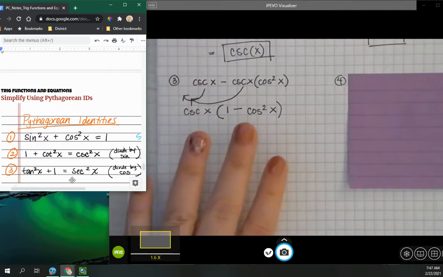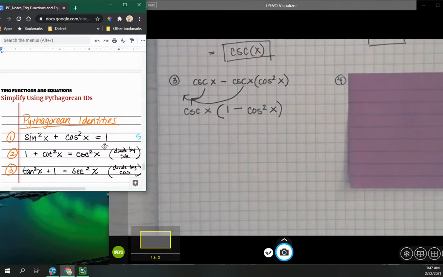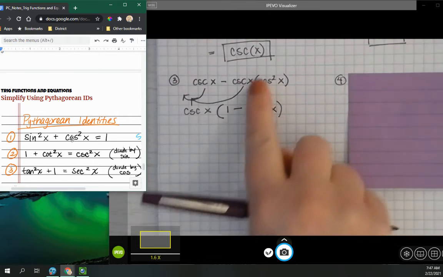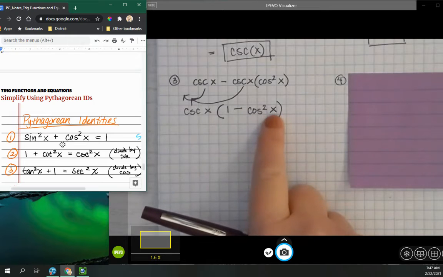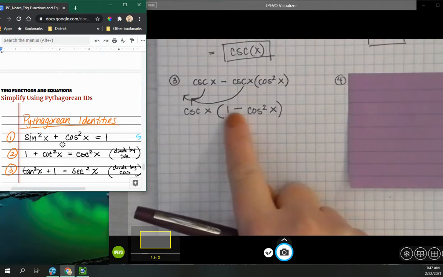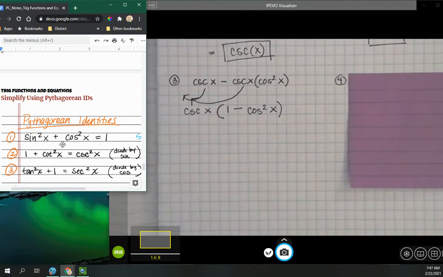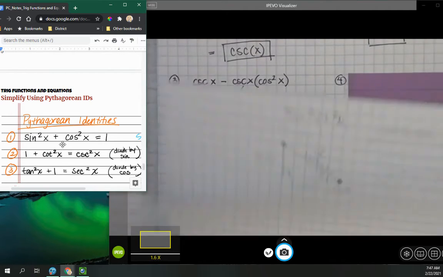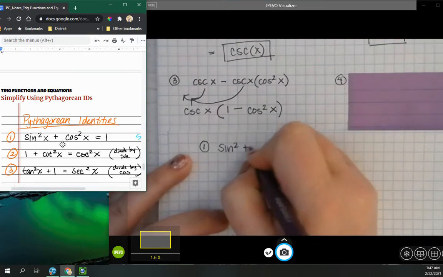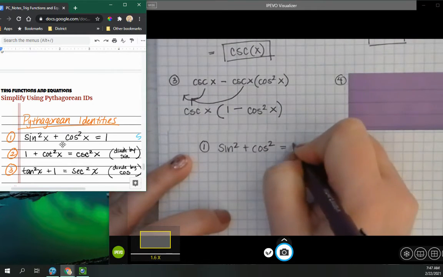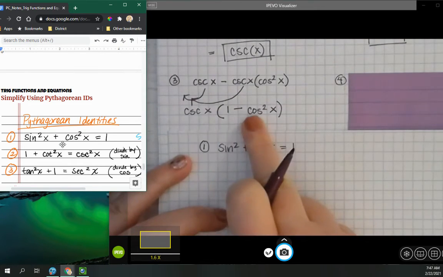So now our goal is to use one of the Pythagorean identities. Notice I'm looking for things that have squareds. The formula using cosine squared is the first one, but I got to move some stuff over. So let's do that. I'm going to take that original sine squared plus cosine squared is equal to 1. The goal is a 1 minus cosine.